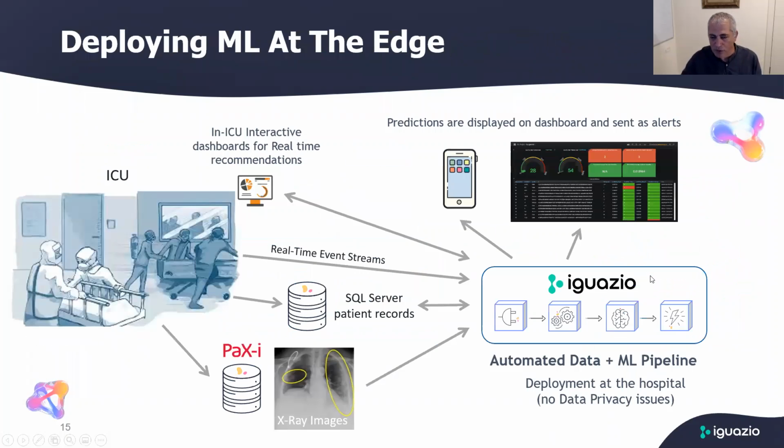If you zoom into one of the use cases in this hospital, which is one of the leading hospitals and also pretty dominant in COVID research, you think about all the information from the ICU that can feed into the system, including even images, because today you can deduce a lot of information from images using some simple deep learning analysis. So all the information about patient care, admission, vitals, images, etc., flows into one system.